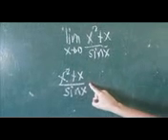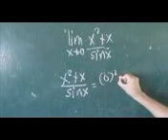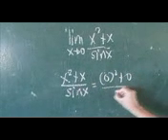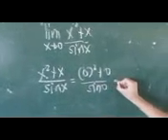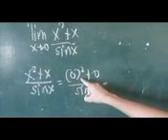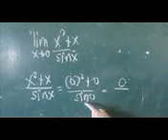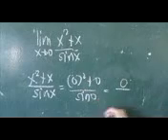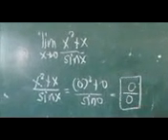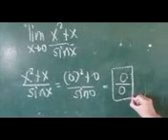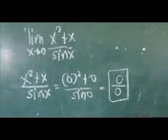Now we have 0 squared plus 0 all over sine 0, which is 0 over 0, and this is indeterminate. We solve this indeterminacy by applying L'Hopital's rule.